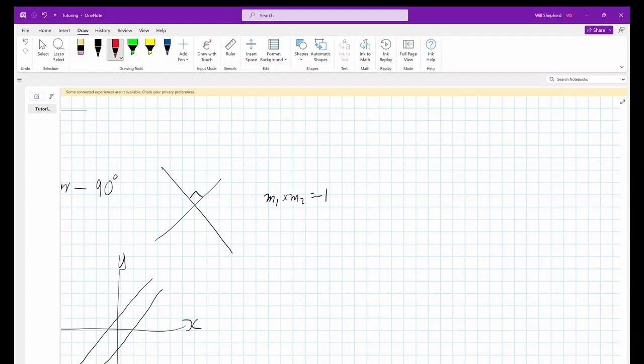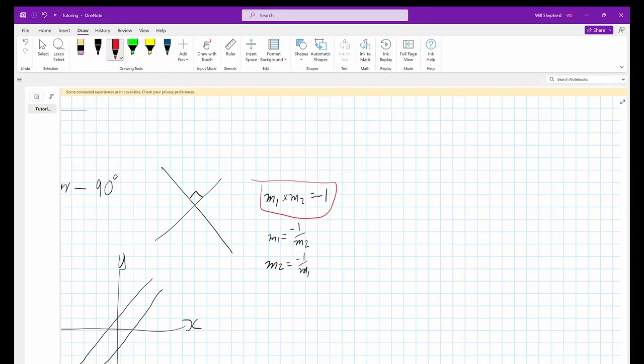Or we could also, if we were to divide by either m1 or m2, let's say we divided by m2 here, we would get m1 is equal to -1 over m2, and vice versa, we could have m2 is equal to -1 over m1.